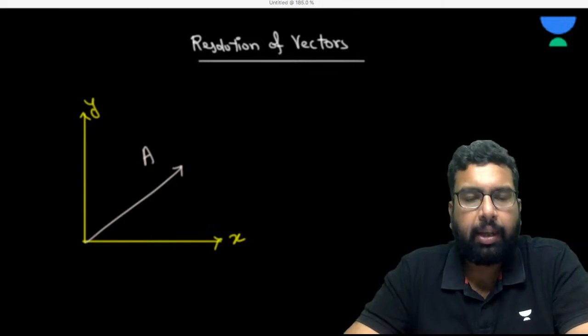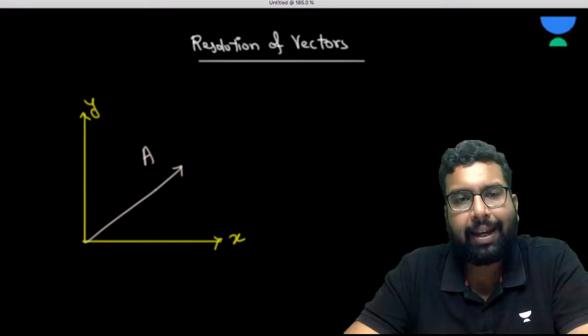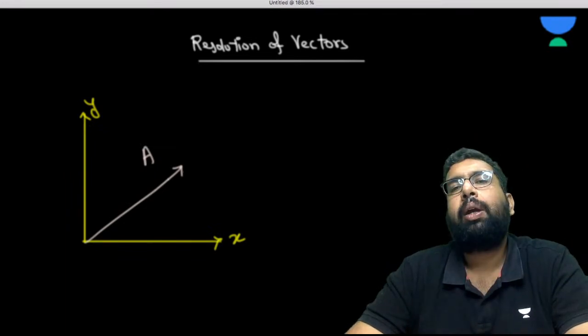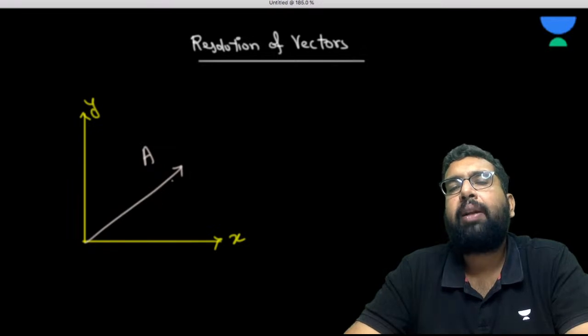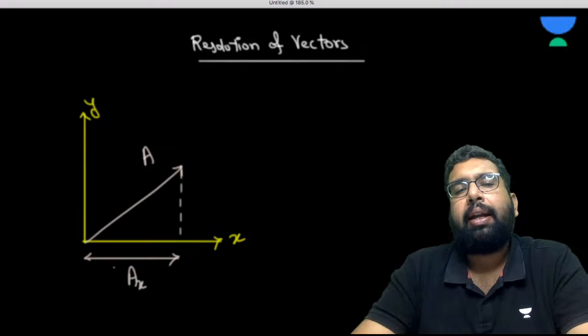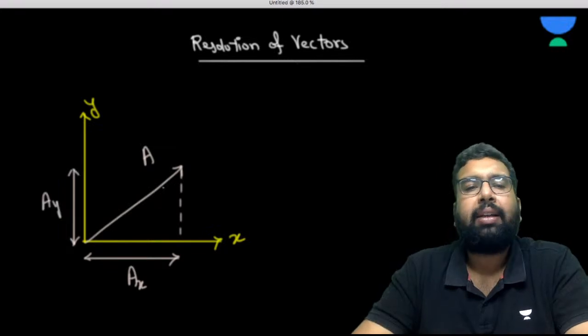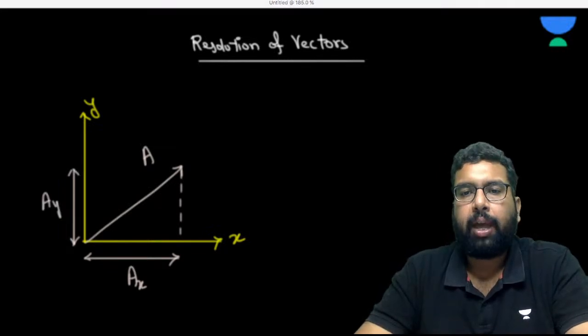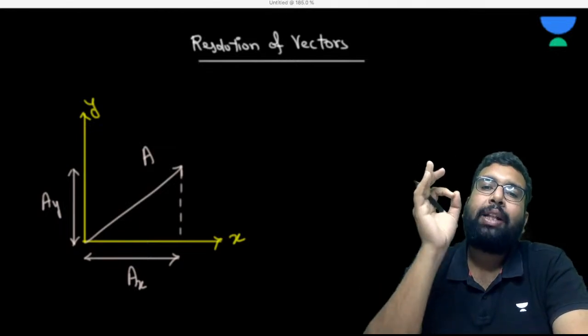Now, when I draw this a, do you believe that this vector has some component in x direction and some component in y direction? For example, if this a is displacement, then you have moved in both x and y.